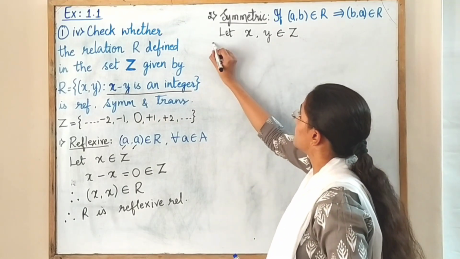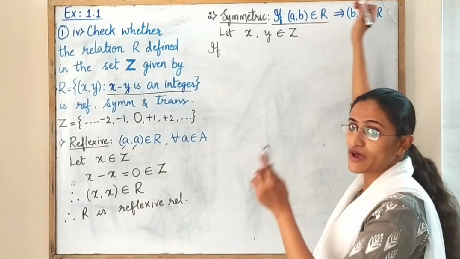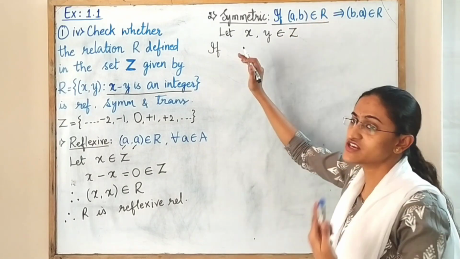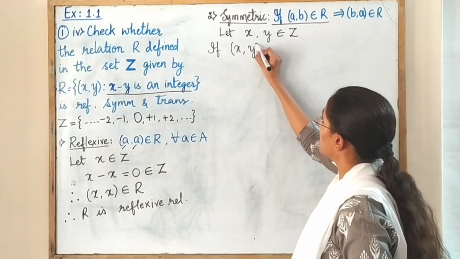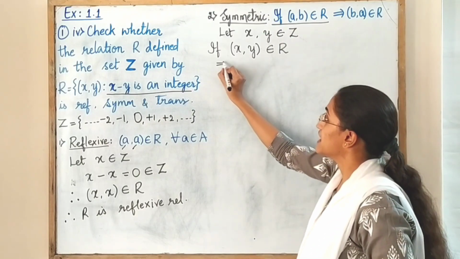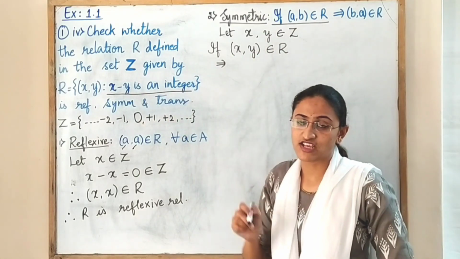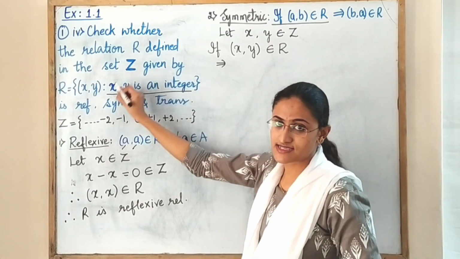Now, let us start with the first pair and prove whether this is in the relation or not. If (X, Y) belongs to the relation R, then it should satisfy this condition.